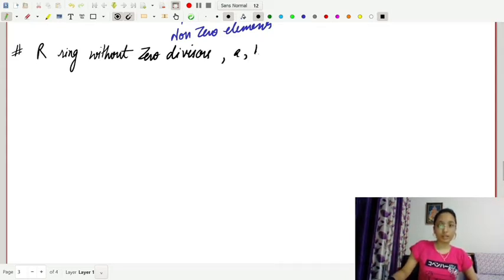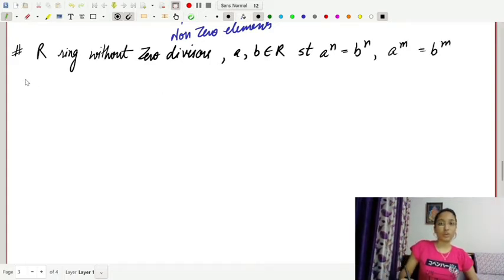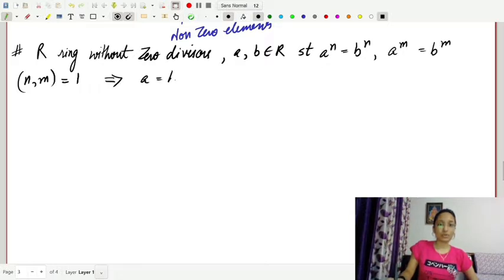A and B belong to R such that a raised to power n is equal to b raised to power n and a raised to power m is equal to b raised to power m for n and m relatively prime integers, that is their GCD is 1, it implies a is equal to b.